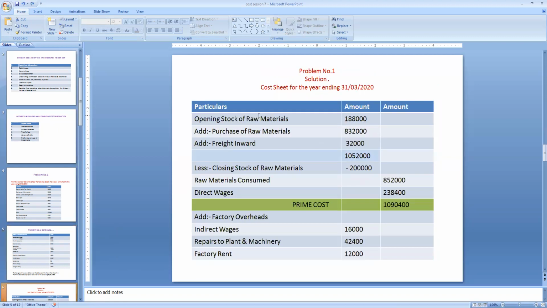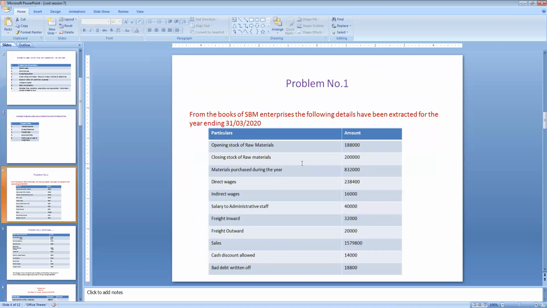Let us see. The first item is that for the preparation of prime cost, we require direct material, direct wages, and direct expenses. For the direct materials, any opening stock of materials, purchase of raw materials, freight invoice should be added. Then if any closing stock of materials is given, it has to be deducted. In this question they have given the opening stock of material, that is 1,88,000.